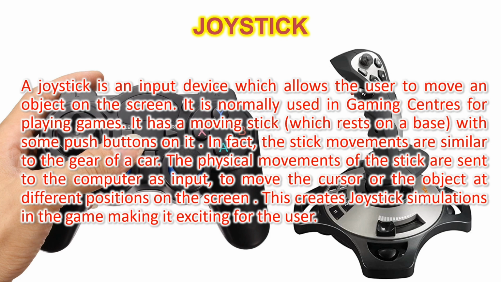The physical movement of the stick are sent to the computer as input to move the cursor or the object at the different positions on the screen. This creates joystick simulations in the game, making it exciting for the user.